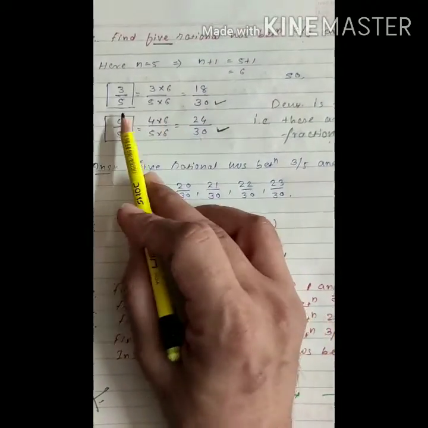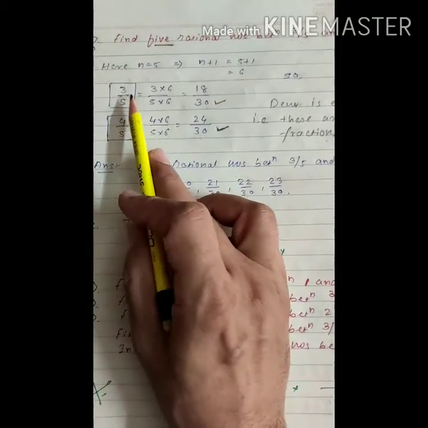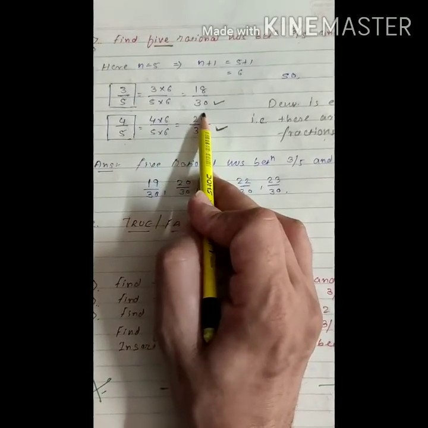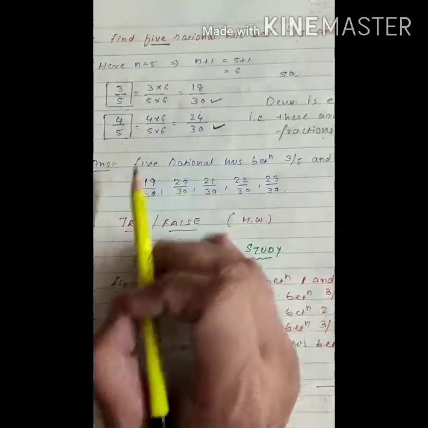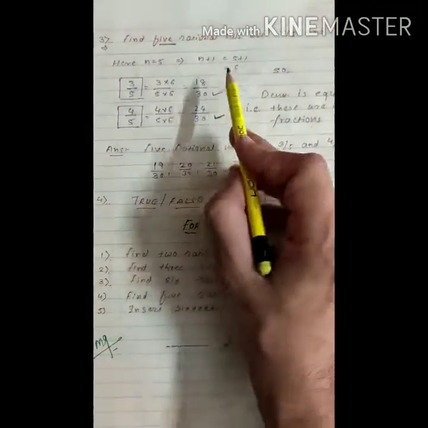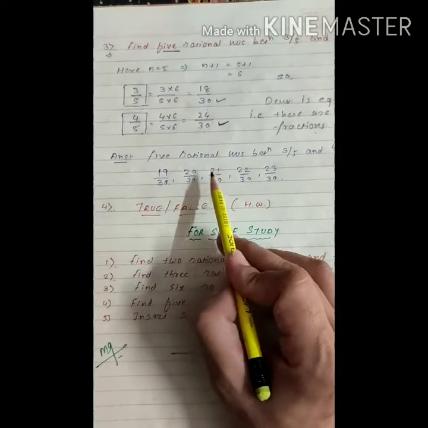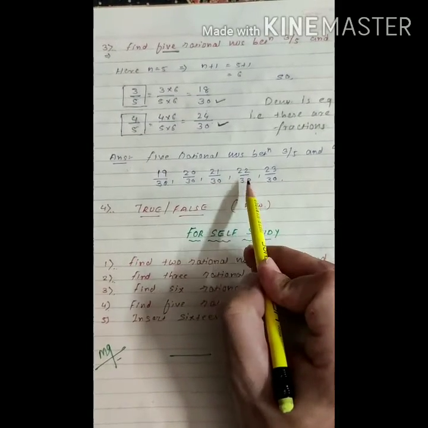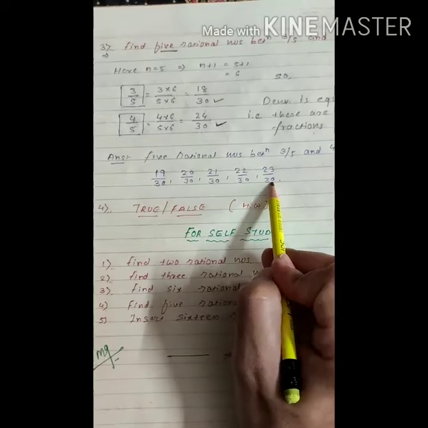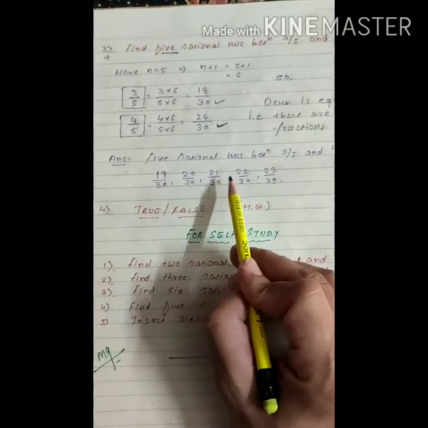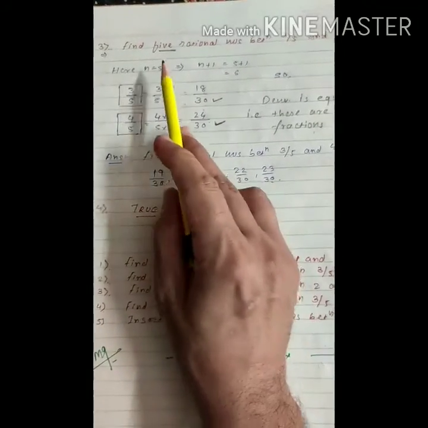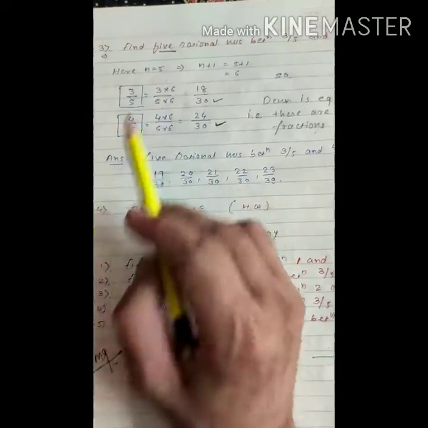So we just make equivalent fractions. 3 upon 5 is 18 upon 30. If you cancel, you will again get 3 upon 5. So between these two are 19 upon 30, 20 upon 30, 21 upon 30, 22 upon 30 and 23 upon 30. 1, 2, 3, 4 and 5. See, we can easily get 5 rational numbers between these two numbers.